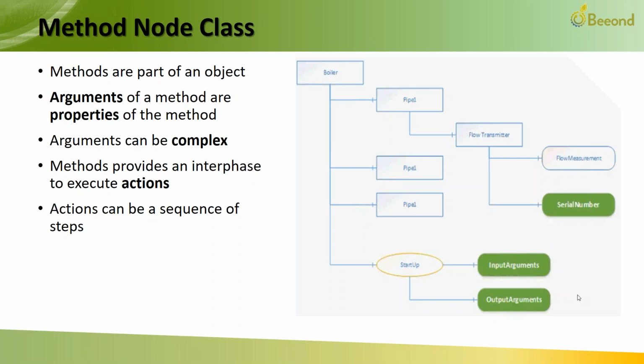Some other popular ones like Python, Go, and the new kids have this characteristic, and it's very interesting. The arguments can be complex types, and they are usually in standards. So the methods provide a way to allow a client to execute an action on the server side.